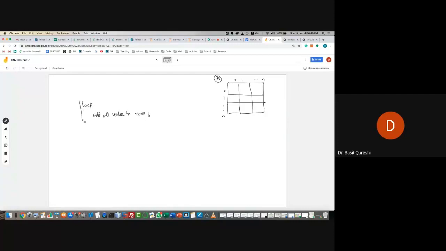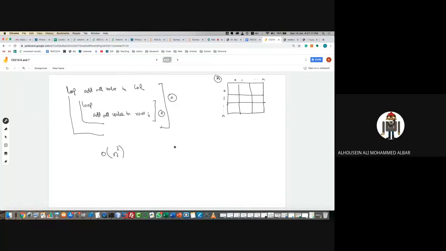And all of this needs to go under another loop, and then column, all values in column. So this is 2 loops. I'm not going to write code because we will see this later, but this is just to give an idea. This is running n times, and the whole thing runs n times. So the overall runtime would be big O of n squared.